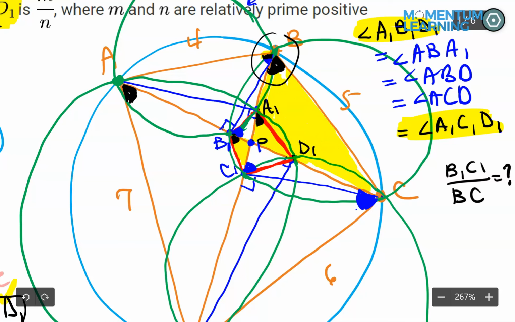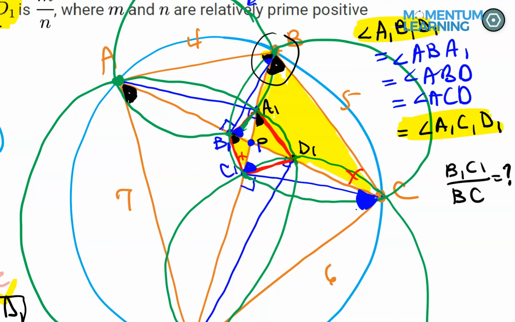Those two triangles B1, PC1 and BPC are similar simply because angles C1, B1P and CBP are congruent. And so on, right? Similarly, let me put a mark here. This angle corresponds with that angle. So those two triangles are similar.